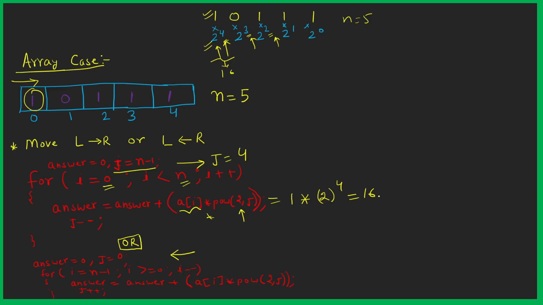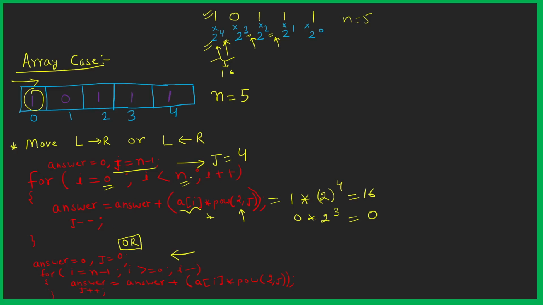Now answer has 16. Now we have to decrement this power because we are moving from 4 to 3, so we say j minus minus, and j is 3. Now we come to this 0. This 0 multiplied by 2 to the power j, which was 3, will be 0, and this 0 will be added to the previous answer. So answer is 16. Again we decrement j and j becomes 2.